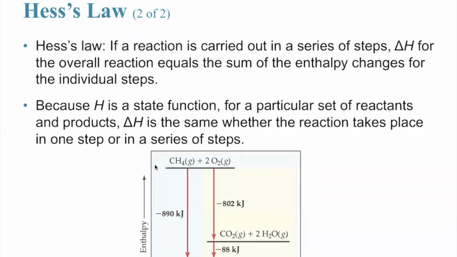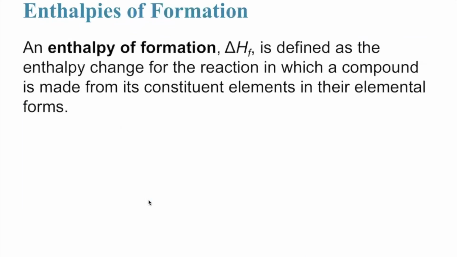Because delta H is a state function, we don't care about the steps we took to get there, as long as we get there. We just care about the big numbers. So you're gonna have to manipulate those reactions, and we are gonna have an example.